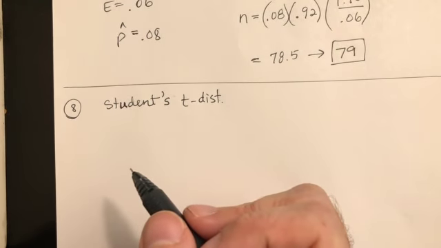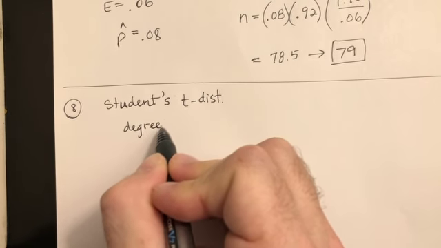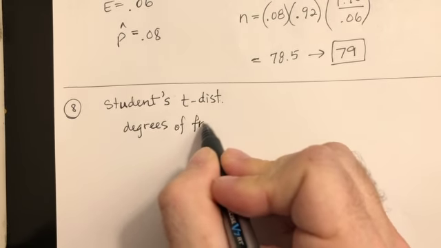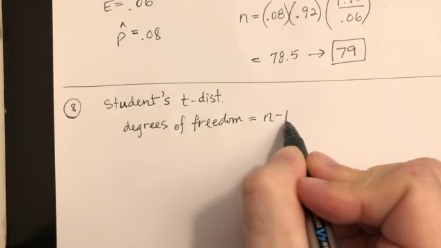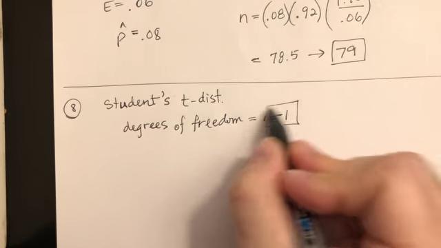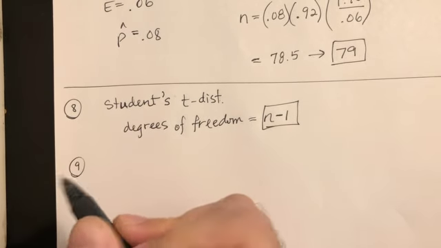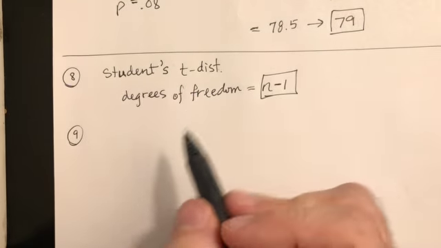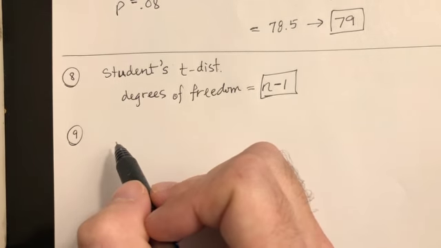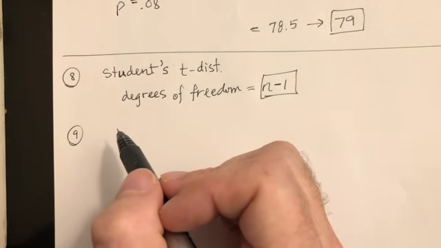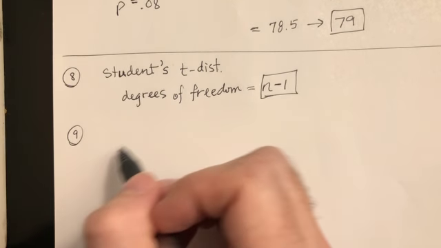All right. So when it comes to t-distribution, degrees of freedom, no matter what, is always n minus 1. It's a definition thing. For the student's t-distribution, a lot of things are equivalent to the normal distribution. If you have a large sample, t and z are very close to each other.